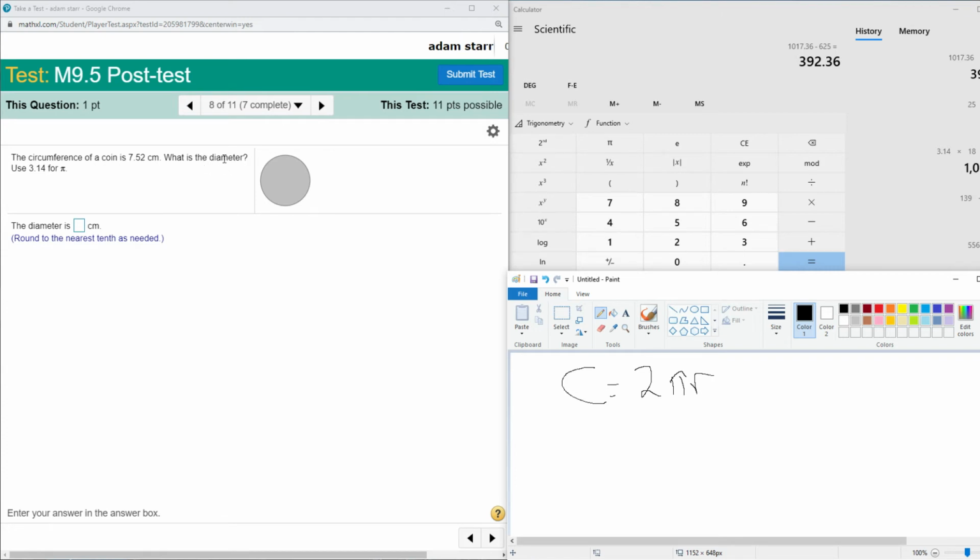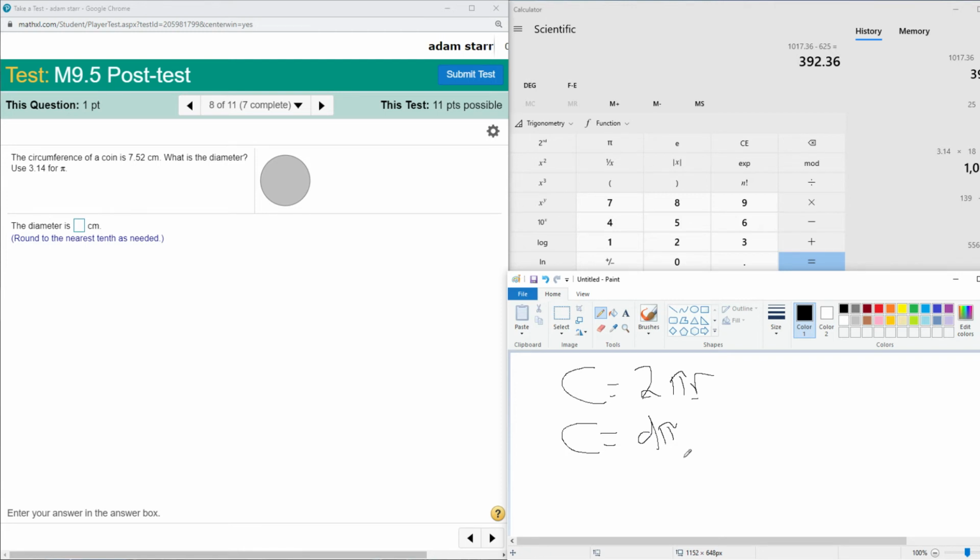I don't necessarily need the radius in this case, because in this circumference formula, 2r, double the radius, is the diameter. So I'm going to tweak this formula a little bit. Instead of 2 pi r, I'm just going to call this the diameter times pi, because 2r is the diameter.